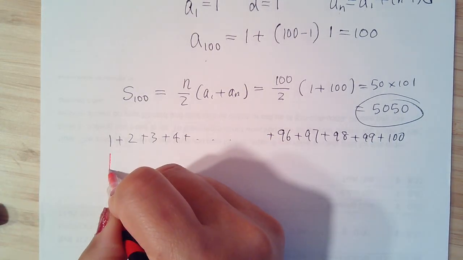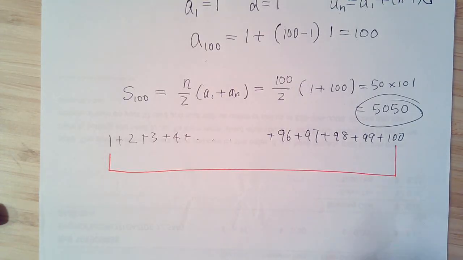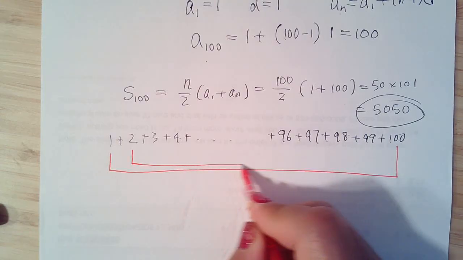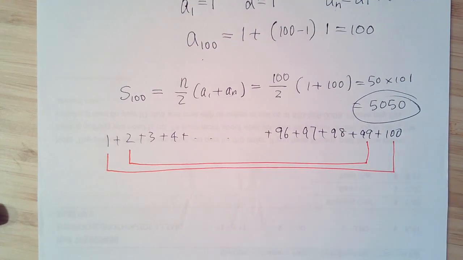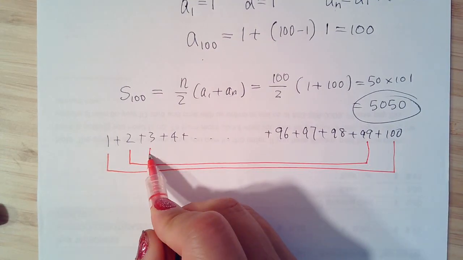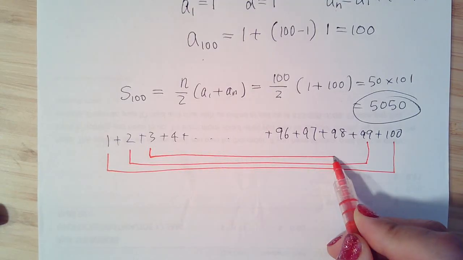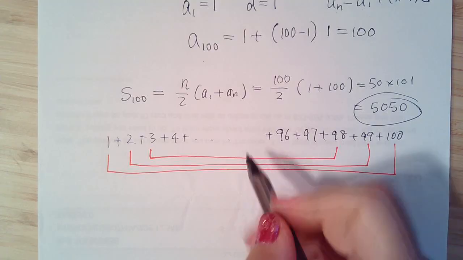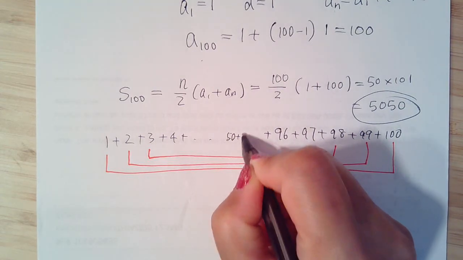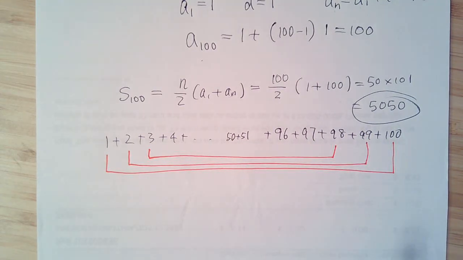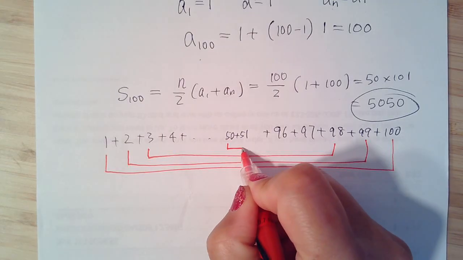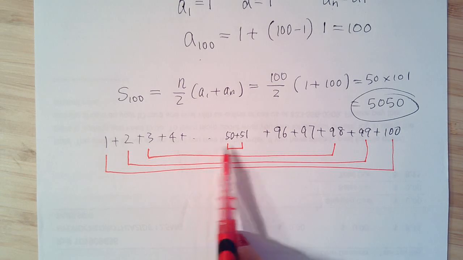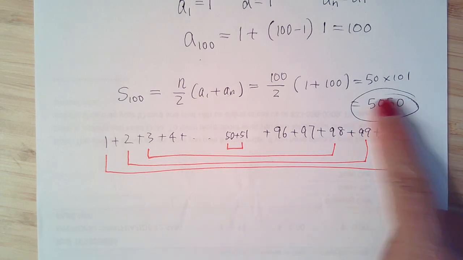If I add the first number and the last number, that is 101. And I add this number to this number, it is also 101. So 3 and 98 is also 101. Now how many of them? What is in the middle? That should be 50 and 51. So this is also 101. So how many 101s are there? 50 of them, right? So the answer is just 50 times 101.